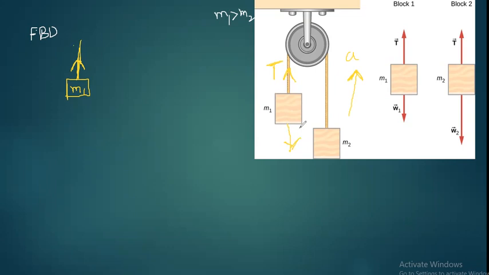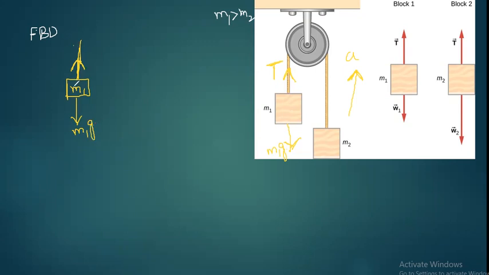Mainly it is m1 into g, because any mass existing means there should be acceleration due to gravity. So down you have m1g.